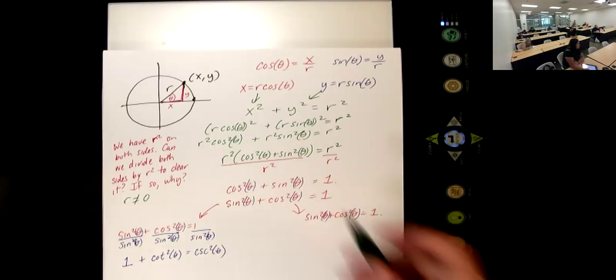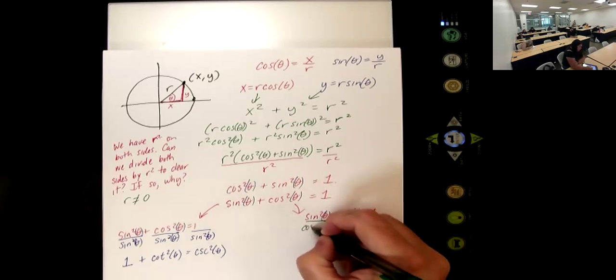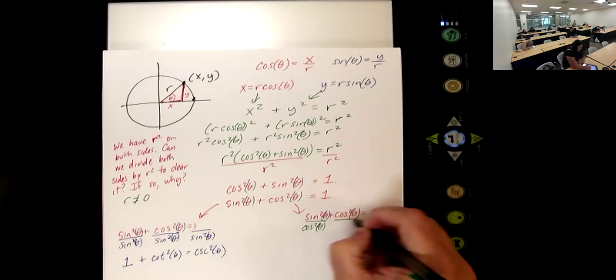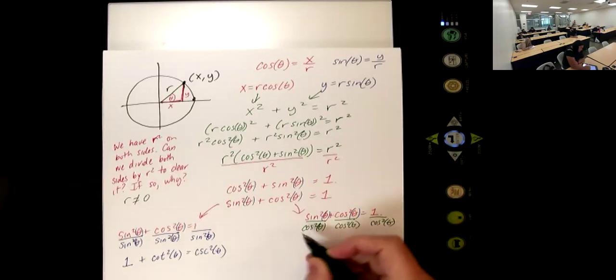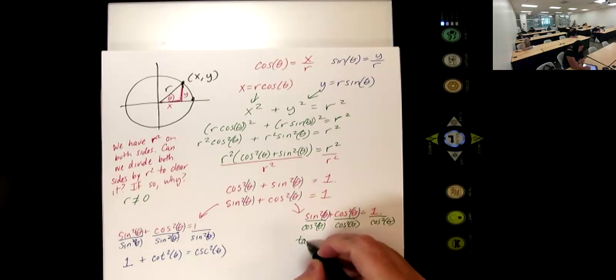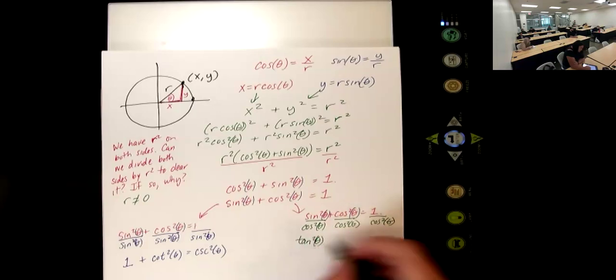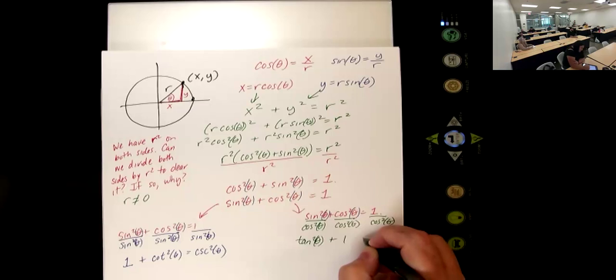And if we do it by cosine squared instead. Sine over cosine is tangent. Cosine over cosine is 1, and 1 over cosine is secant.